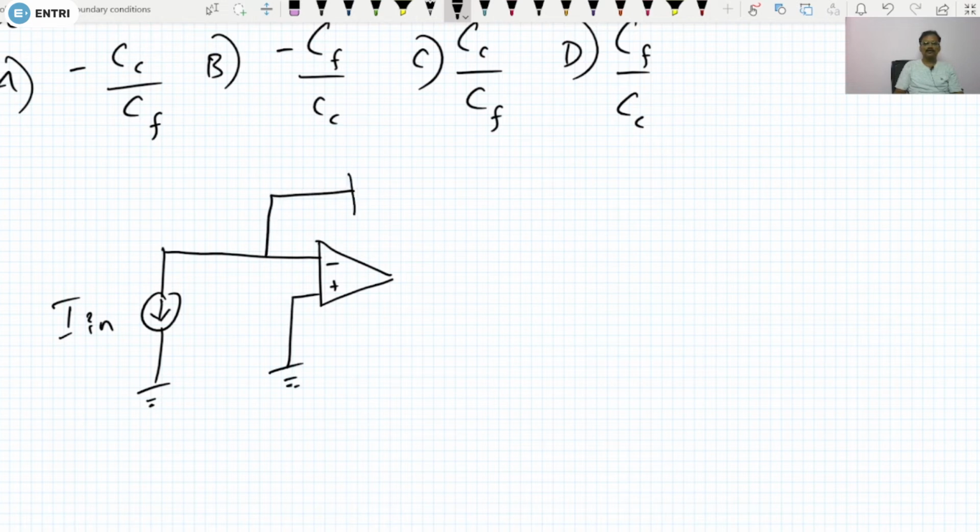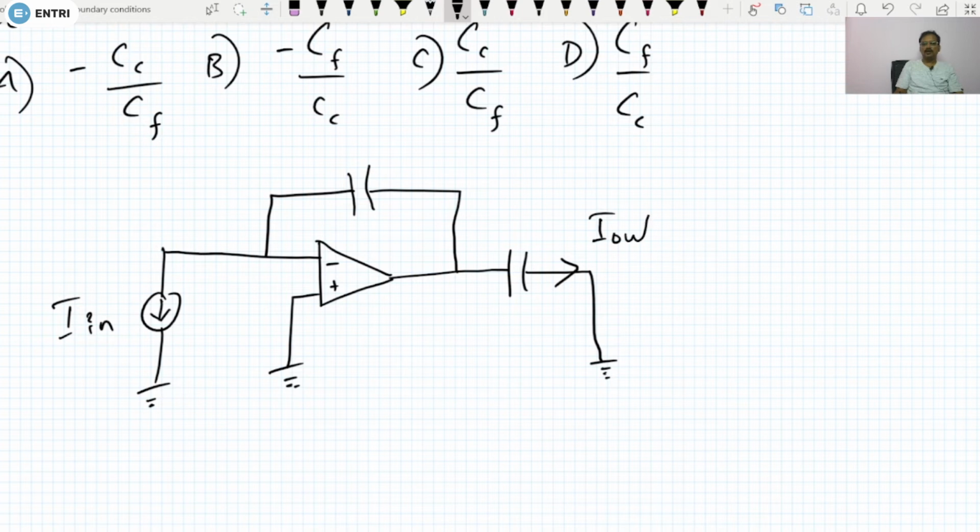Here they have given one capacitor, and here another capacitor, and here it is grounded. Here they have given the current as I out, and this capacitor they have named CF, and this capacitance they have named CC.